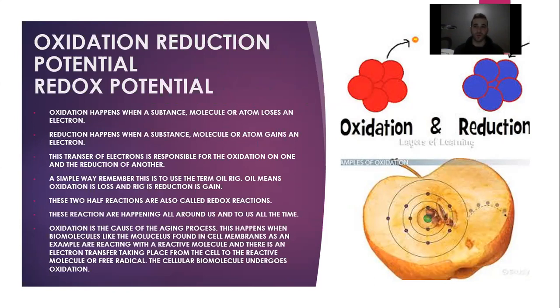When there's an oxidation half reaction, there's always a reduction half reaction, so they go hand in hand. Something will lose an electron, that will become oxidized, and something will receive that electron, and that will be reduced. In simple terms, reduction is the opposite of oxidation.